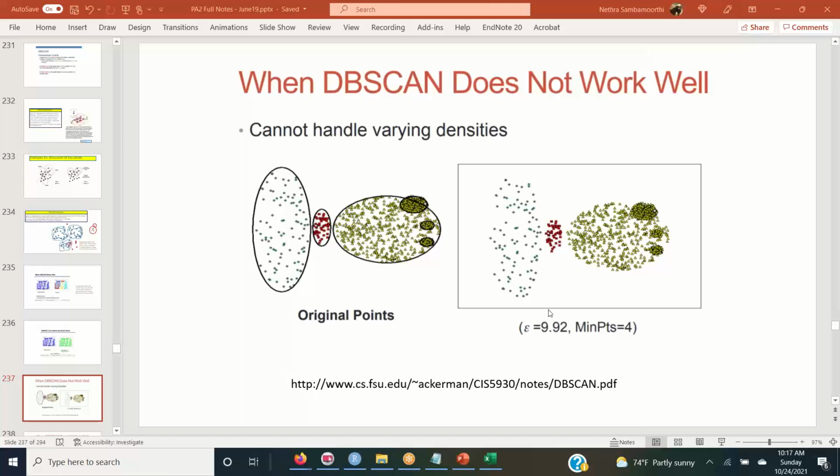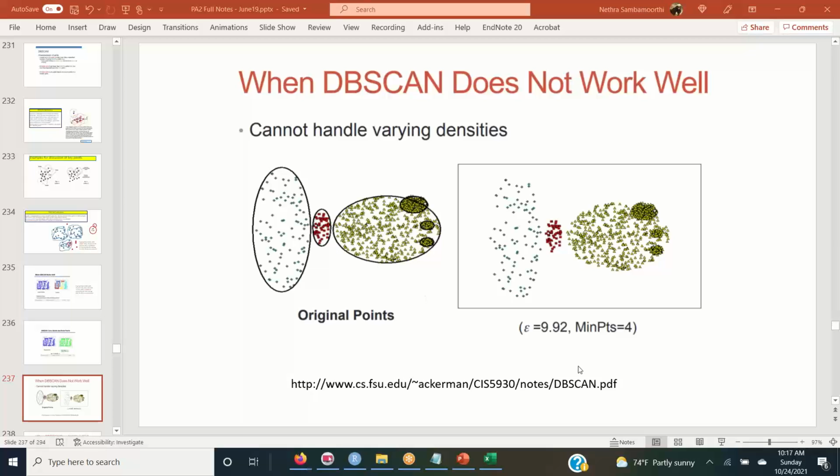So then you still want to worry about when DBScan does not work well. If the densities are quickly changing among the points, then it may have problems. So these are the original points. Really, this is what we want to identify.